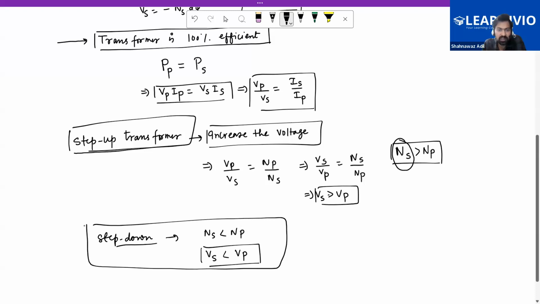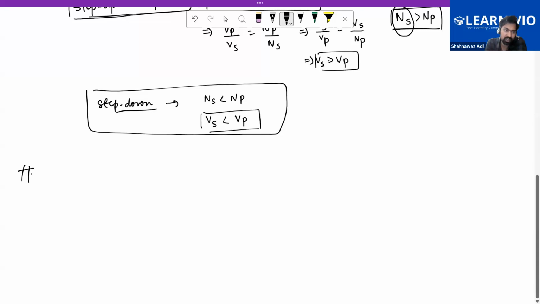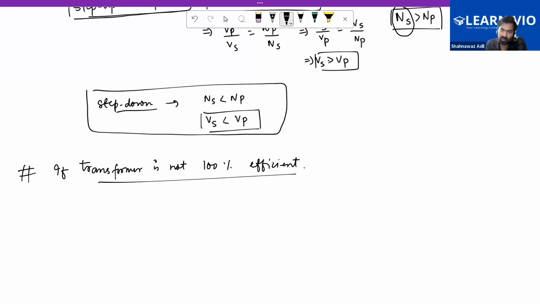But if the transformer is not 100% efficient, then you have the efficiency. This is called the efficiency of the transformer.